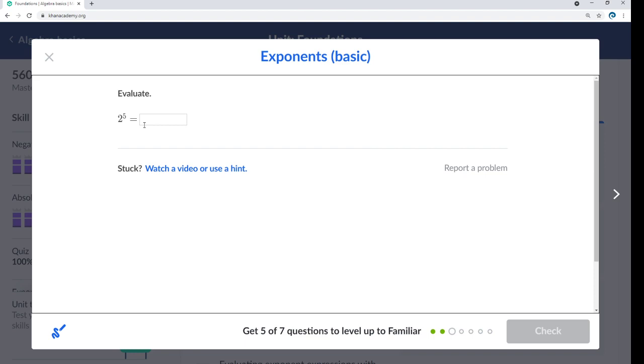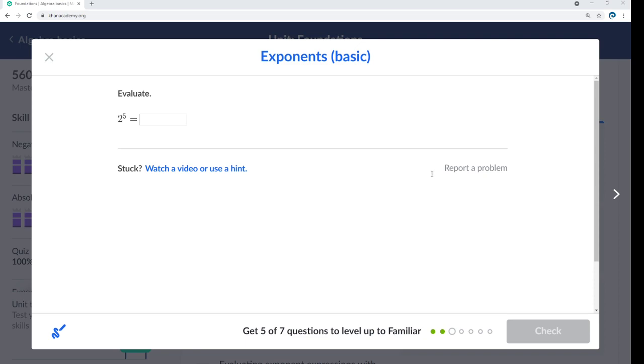So this is where it gets super scary for me, right? Because I'm pretty sure it's 2 times 2 times 2 times 2 times 2, but I think you're supposed to multiply the result. So 2 times 2 is 4, right?